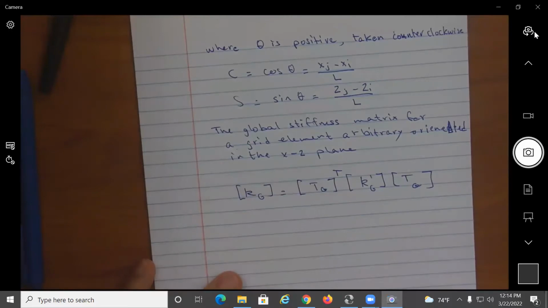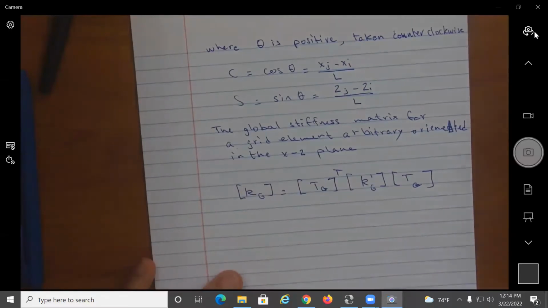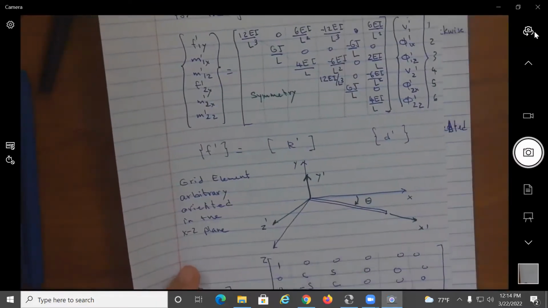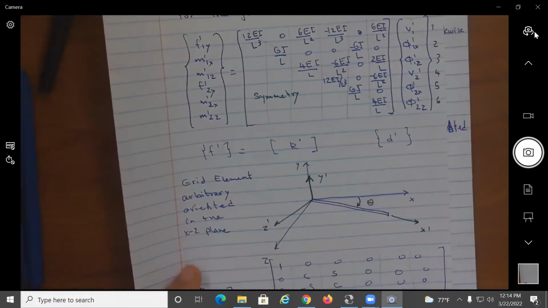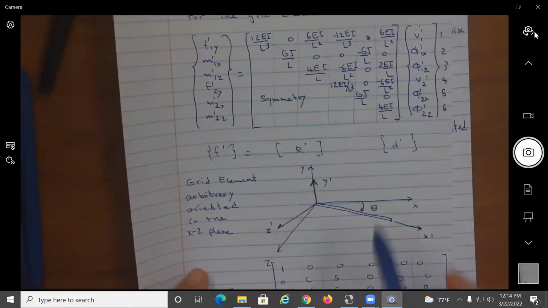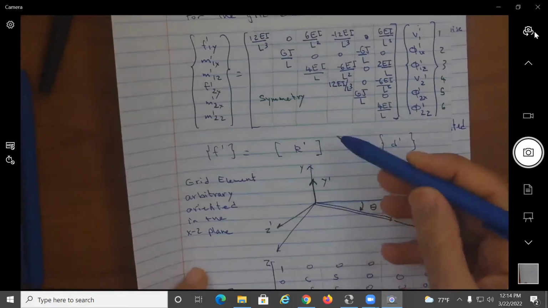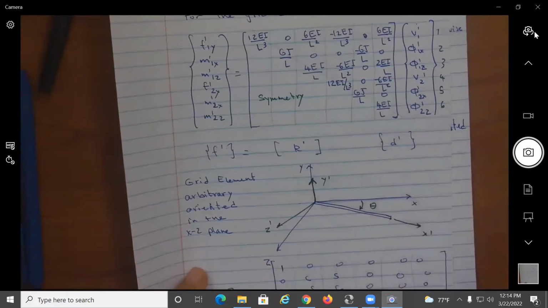What if you have two different angles? If elements are shifted by two different angles? Remember, because we are maintaining the grid in the XZ plane, it's going to be corresponding, right? Because Y prime is always going to be oriented along the Y direction for a grid.